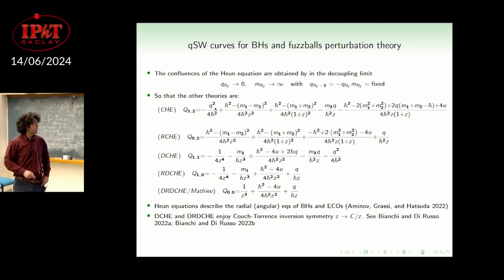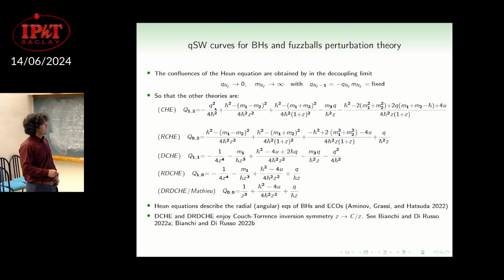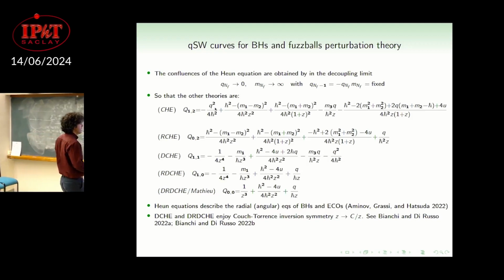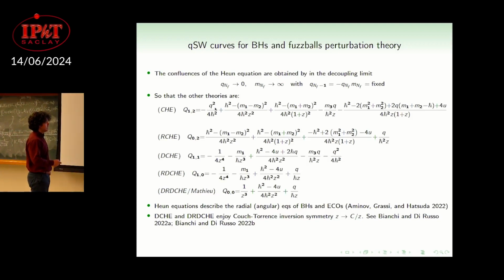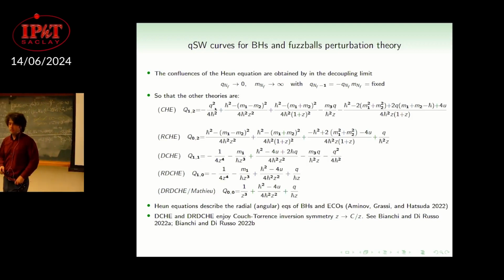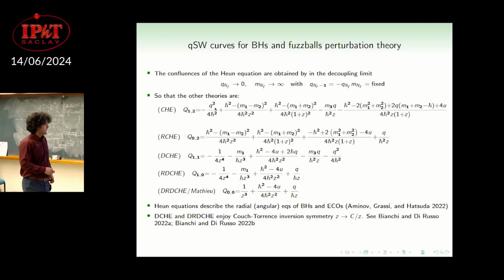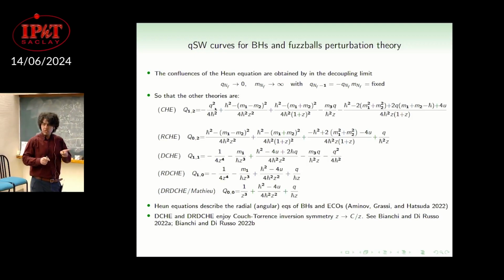These 2 cases are relevant because they enjoy a particular symmetry that exchanges z with 1 over z, in the sense that they exchange the position of the horizon with radial infinity, keeping a point fixed.